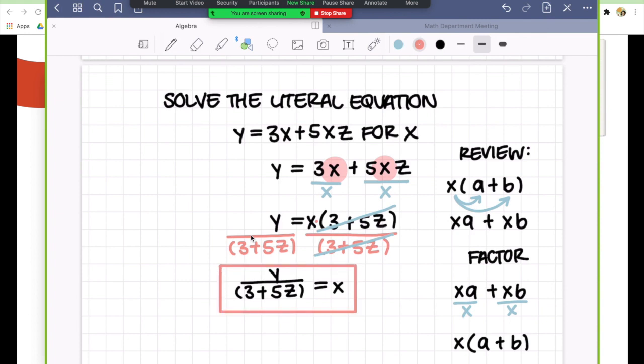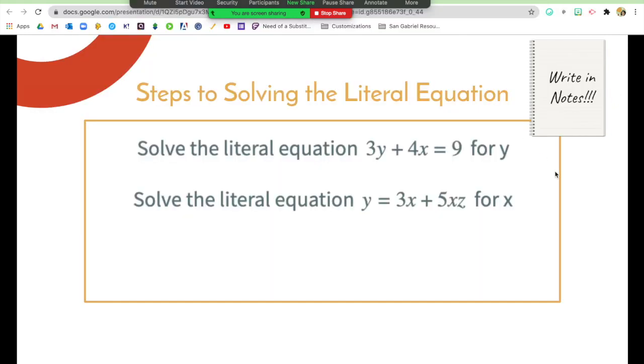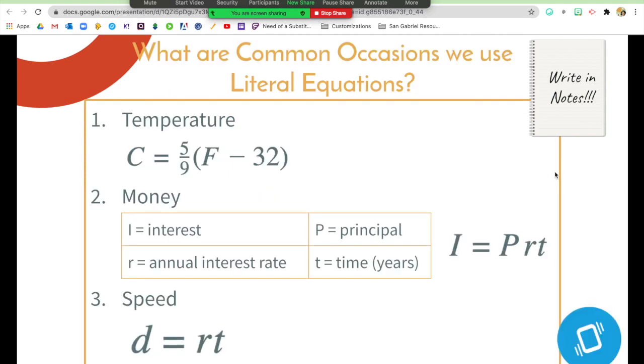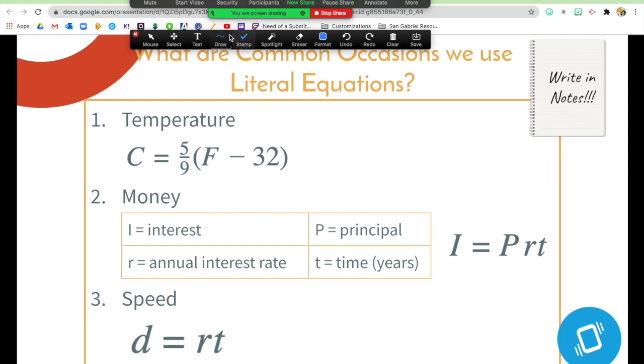Okay. So why do we need to know about this? What makes this information so important? If I go back here, here are some common equations that use literal equations. One of them that we talk about is temperature. So temperature here has the formula C equals 5 over 9 parentheses Fahrenheit minus 32.